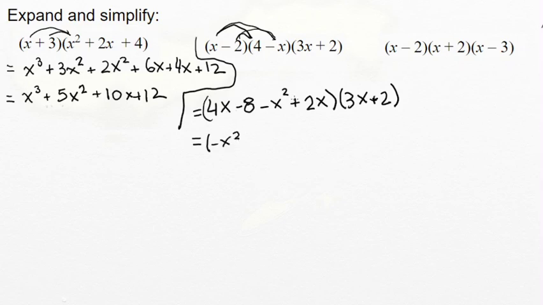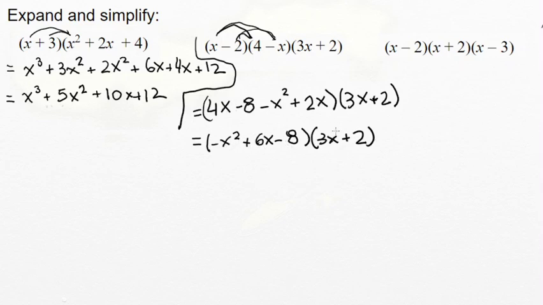And we have nothing else so far with x squared. Now I've got 4x and 2x here. So 4 and 2 makes 6, so plus 6x. And the only number which is not multiplying x is 8, so negative 8. And we still have this second set of brackets.